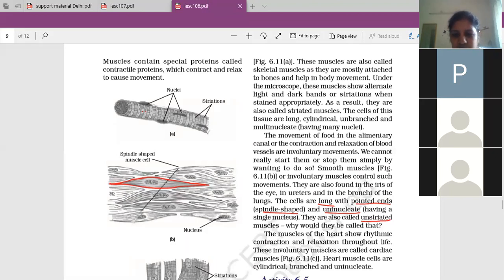Those are fiber-like structures, long, elongated, one single fiber-shaped structure actually.